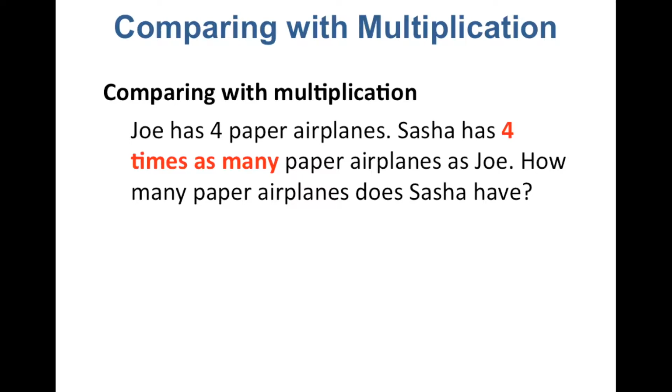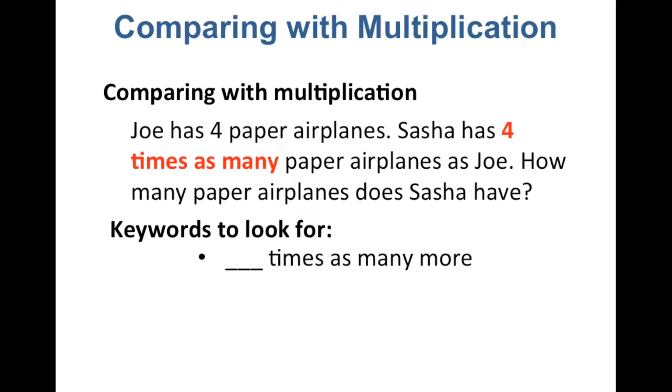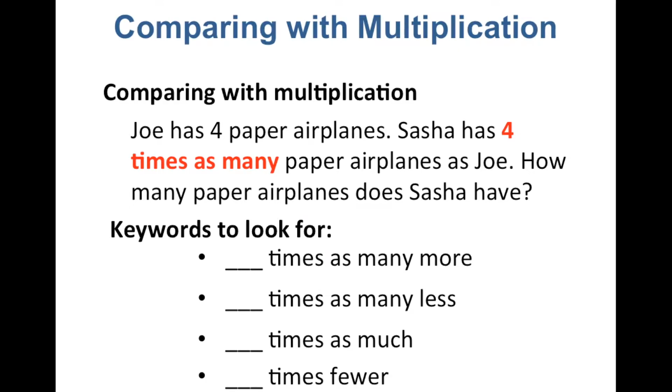You know when you're multiplying, you're saying this number times another number equals that. So our times is a big clue. Keywords you can look for in a word problem that is requiring you to compare numbers with multiplication: times as many more, times as many less, times as much, or times fewer.